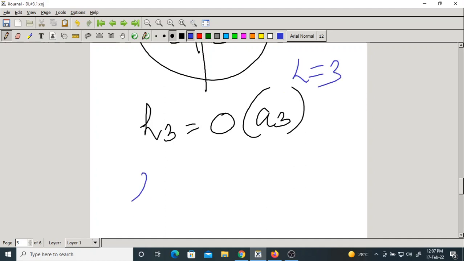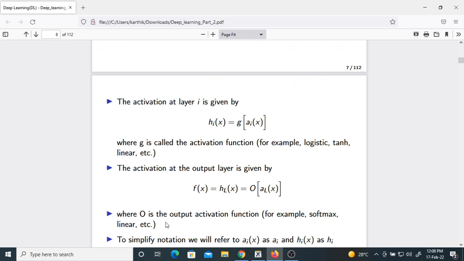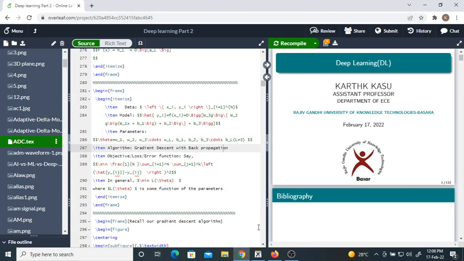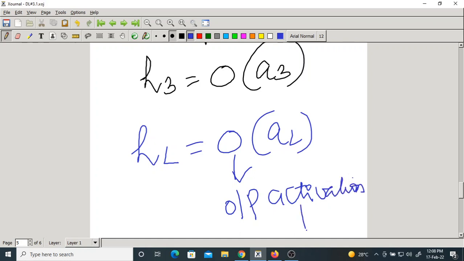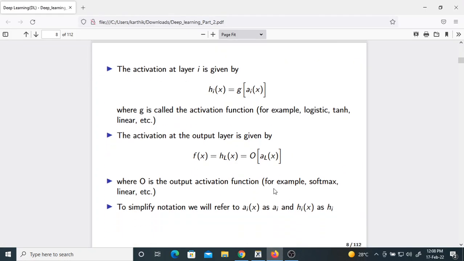That's why hL equal to some function O of AL. O is the output activation function. So we'll discuss various kinds of output activation functions.